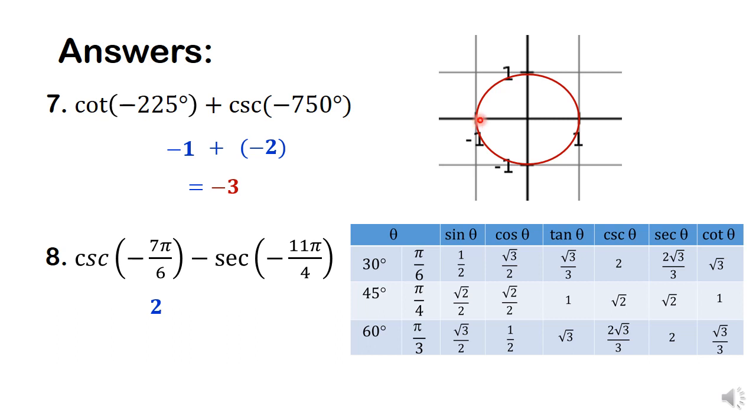Dapat negative pala yung 12 pi over 4 tapos positive yung pi over 4. Okay? So, negative 12 pi over 4, negative 3 pi will be here. Tapos, plus pi over 4, it will be here. Second quadrant, so it will be negative. Okay? Negative, tapos pi over 4, second, negative. So, we make this negative square root of 2. So minus negative square root of 2. Final answer will be 2 plus square root of 2.